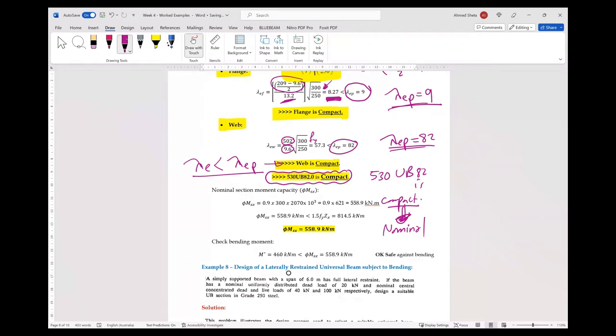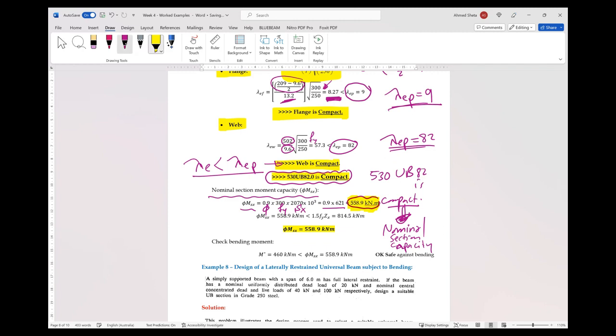Phi M SX, the nominal section capacity, equals phi 0.9 times F yield times SX, which gives us 558.9 kilonewton meter.